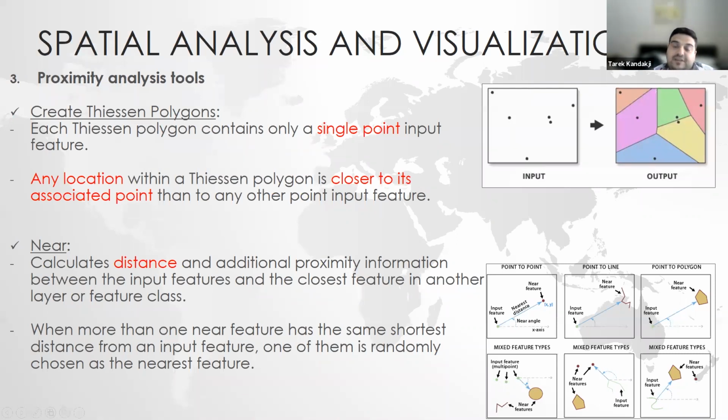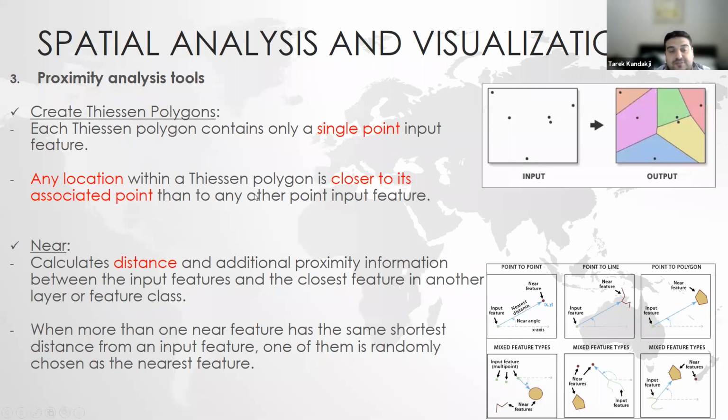Of course, this uses some sort of mathematical concept. It's very interesting to know, by the way. Unfortunately, we don't have enough time to discuss the algorithm behind it, but you can go to the Esri website and other sources, and you'll find wonderful information on how these tools are built. So I hope the Thiessen polygon example is clear.